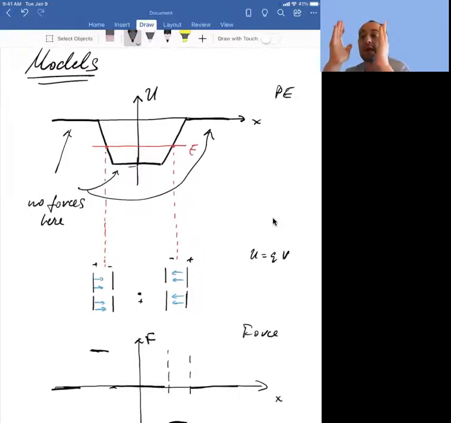If you keep the voltage between the two plates the same and you bring the plates together, the electric field goes up because the electric field goes like delta V over delta X. The electric field goes up means the force goes up. Does it make sense that as you bring the capacitor plates together, the force goes up? Well, yeah, because the slope right here increases and the slope is the force.